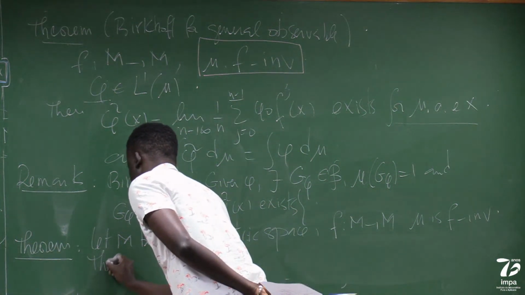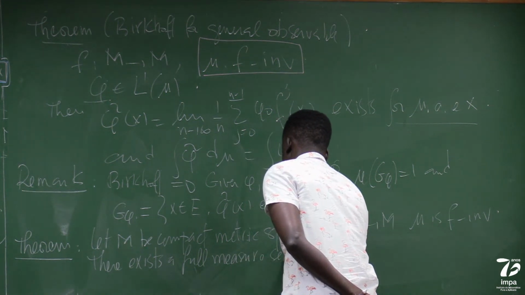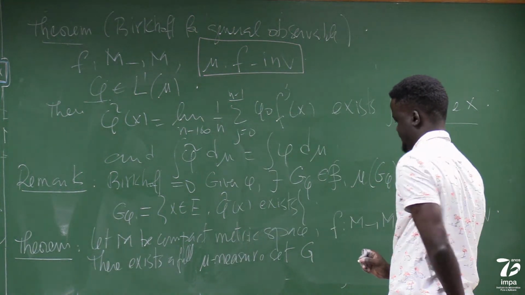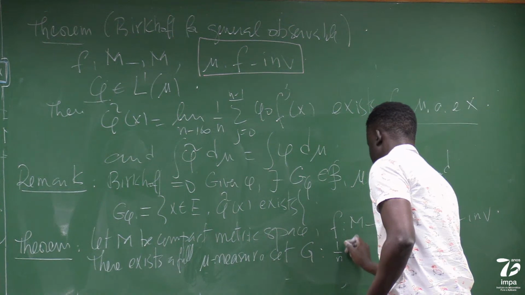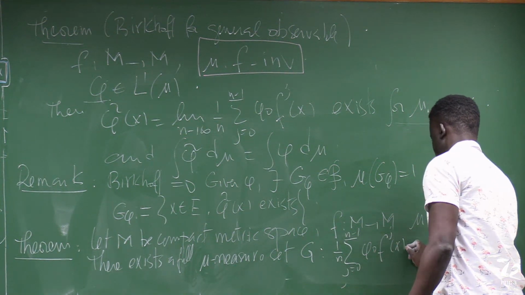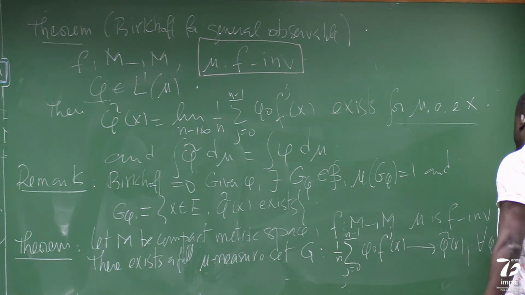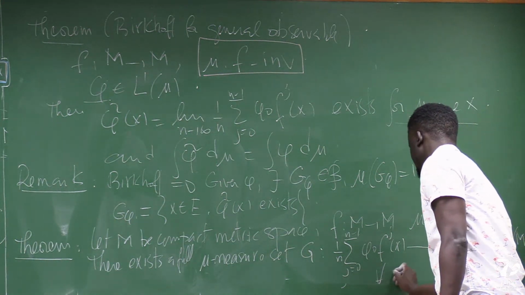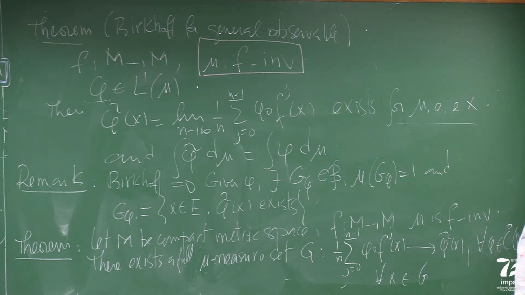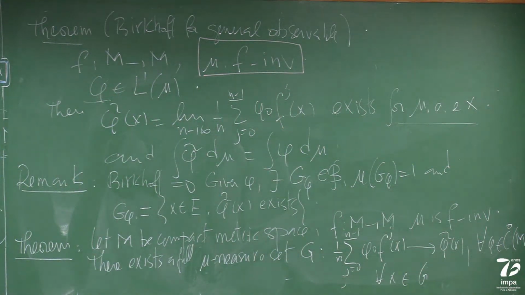Then there exists a full mu measure set G such that 1 over n, the sum for j equals 0 to n minus 1 of phi composed with F^j of x, converges to phi tilde of x for all phi in C0(M) and for all x in G. Okay, so the compact metric space is just to have separability, and then you have a countable dense subset.